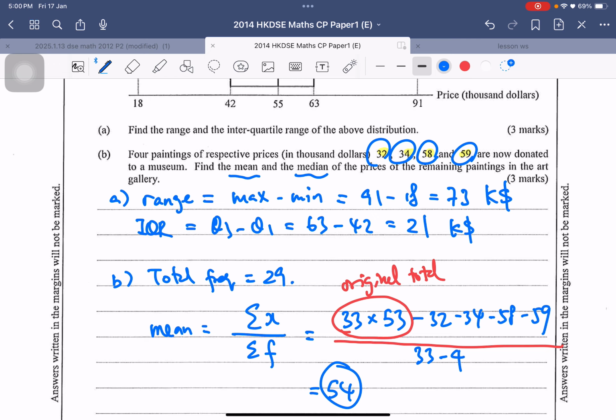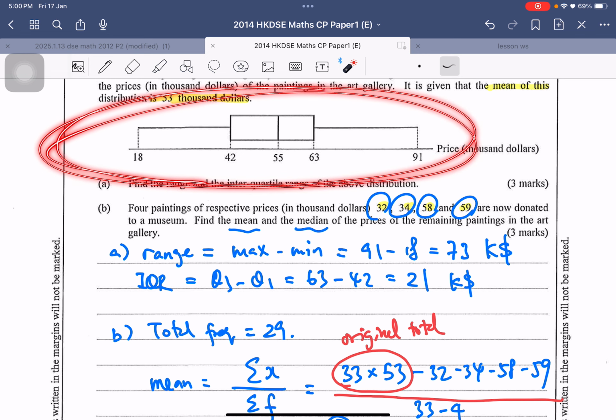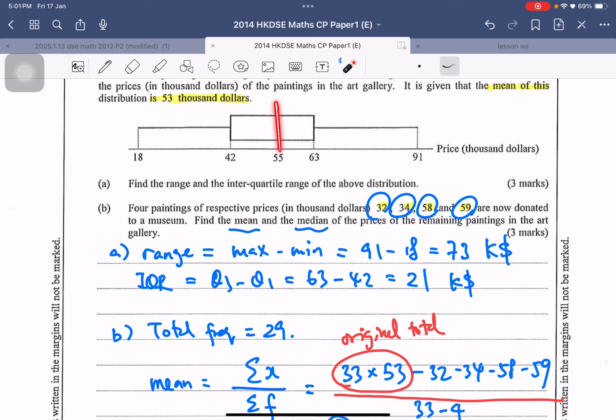But how do we find out the median? Think. It's the middle one, isn't it? So in this diagram, what is the original median? Abby, do you know how to do this question? The original is 55, isn't it? I taught this type of question before, remember? We try to put the numbers in. So where is 32?